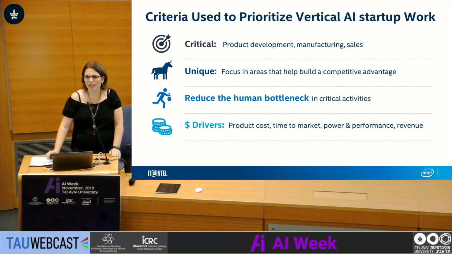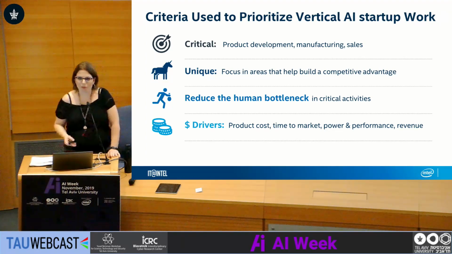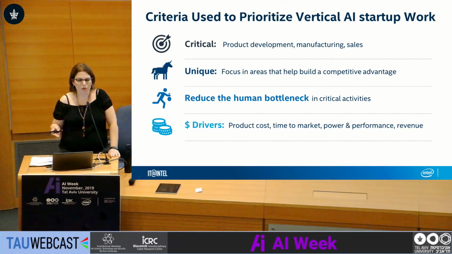And it has to be a place where it either impacts the upper line of the company or the bottom line of the company, that has a significant and critical dollar impact for the company. Examples would be the time to market, the actual product cost, and other key dollar drivers for a company like Intel.